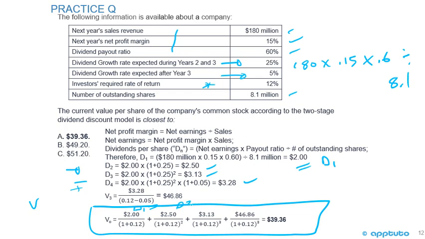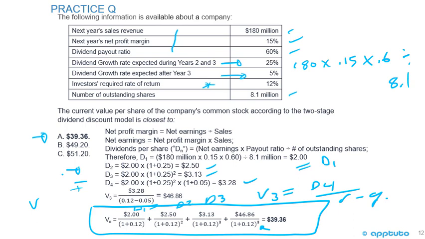There's my D2, there's my D3, and there's my terminal value, which was V3 equals D4 over R minus G, okay? And that's why we're discounting back by 3 years, okay? And it's giving us the correct answer of A, if you do the math, $39.36.